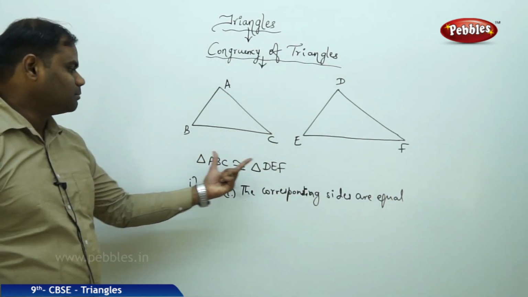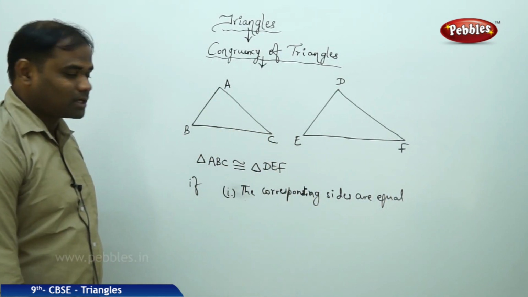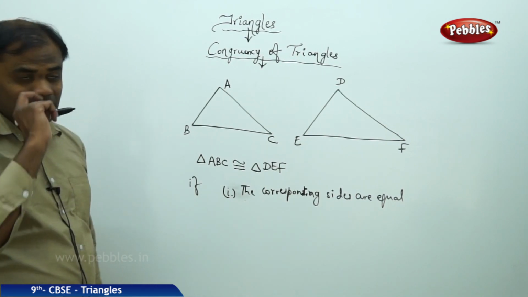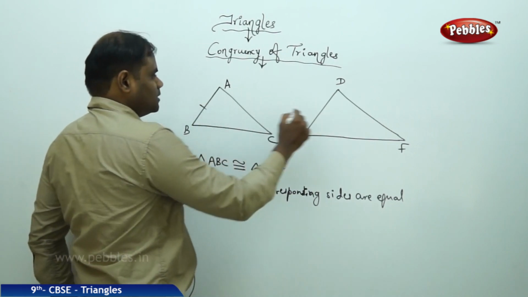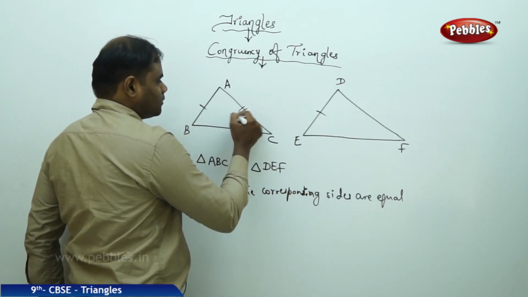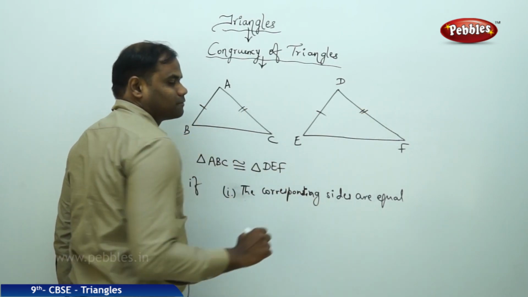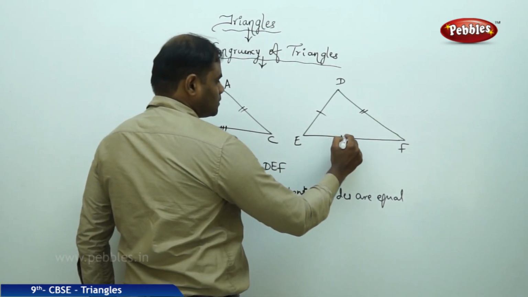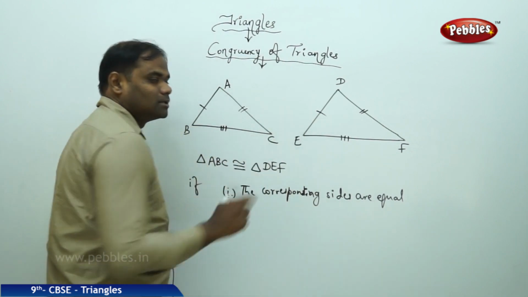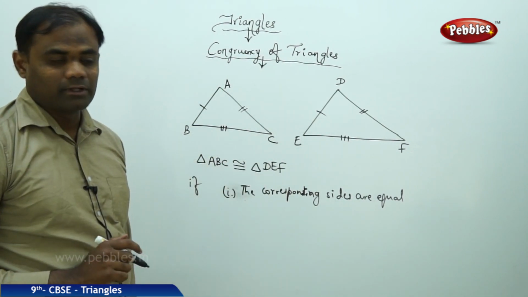That is, for triangle ABC and triangle DEF, the corresponding side of AB is DE, so this must be equal to this, and for AC the corresponding side is DF, which must be equal, and the corresponding sides BC and EF must be equal.